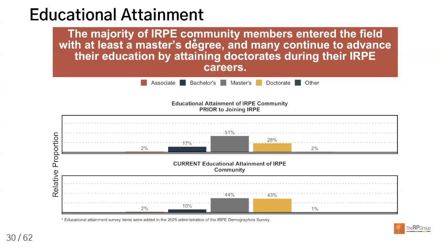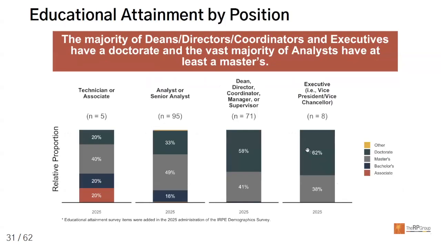Next slide. The majority of deans, directors, and coordinators and executives have a doctorate, and a vast majority of the analysts have at least a master's, as we said before. And so we are a highly educated group, and it's good to have this documented as we professionalize our role at our respective colleges. Next slide.